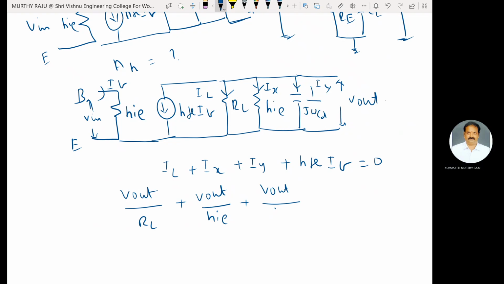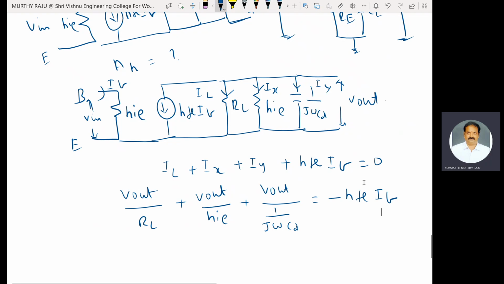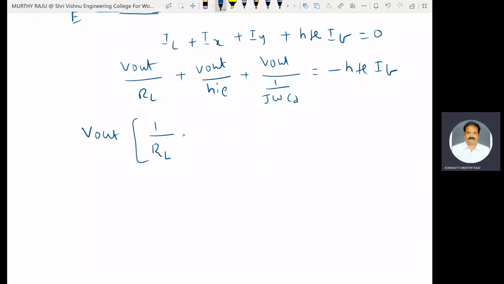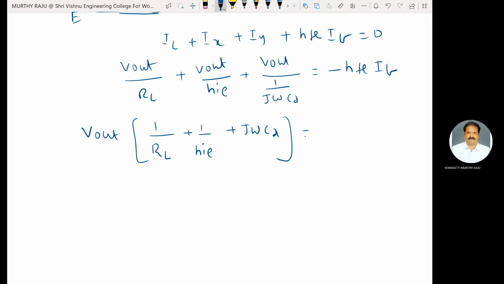V out by 1 by J omega CD is equal to minus HFE into IB. So V out is equal to V out into 1 by RL plus 1 by HIE plus J omega CD, minus HFE IB.